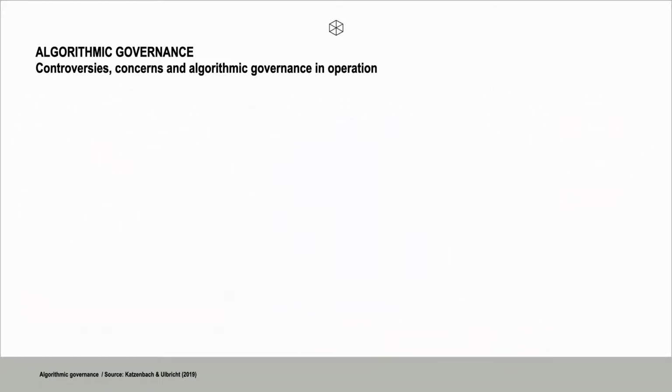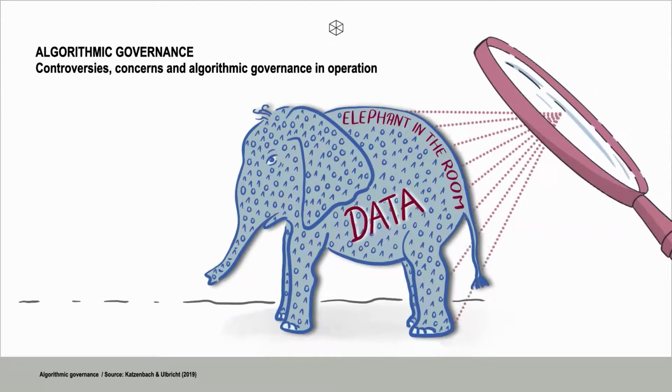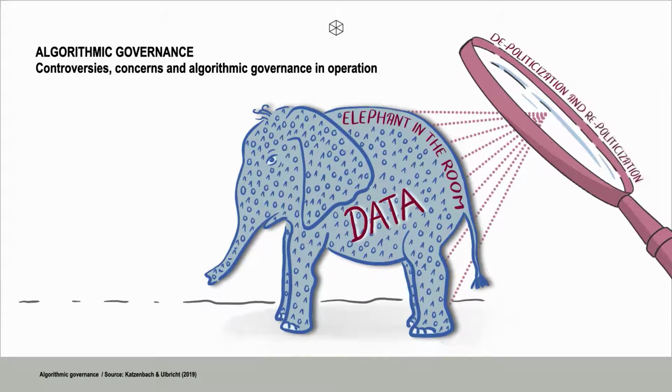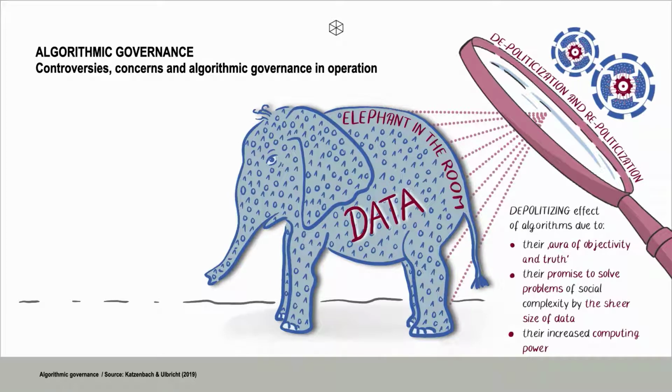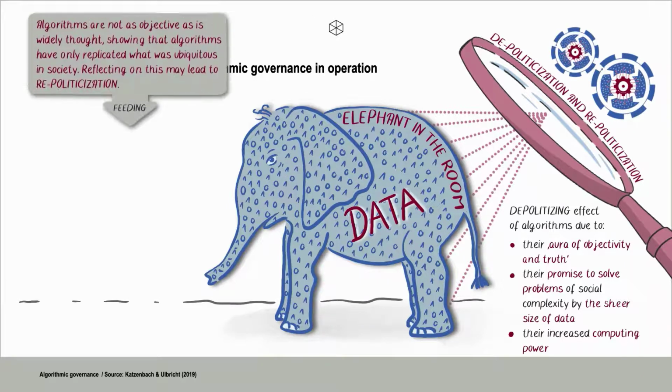Depoliticization and repoliticization. Algorithms have often been criticized as depoliticizing due to their aura of objectivity and truth, and their promise to solve problems of social complexity by the sheer size of data and increased computing power.